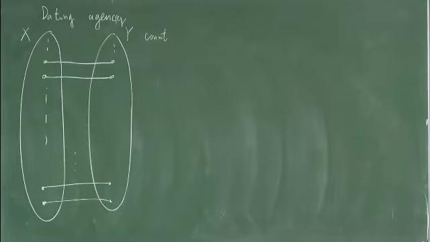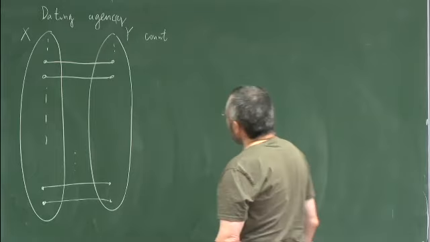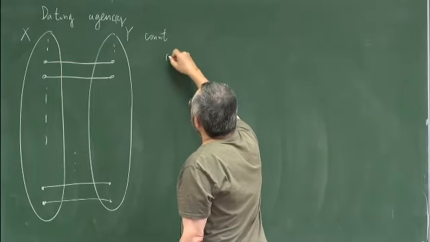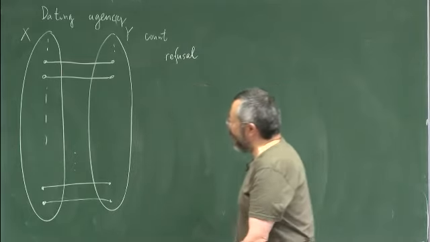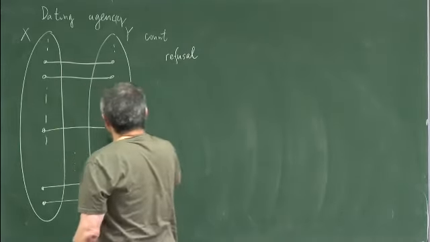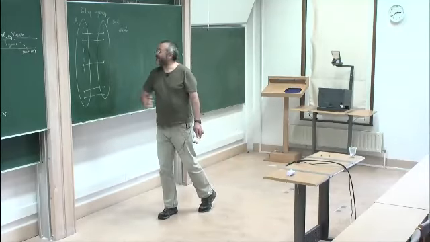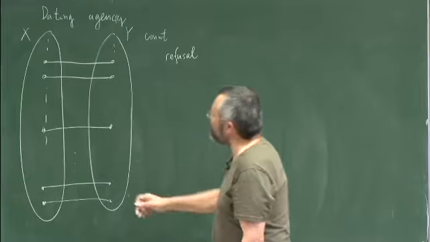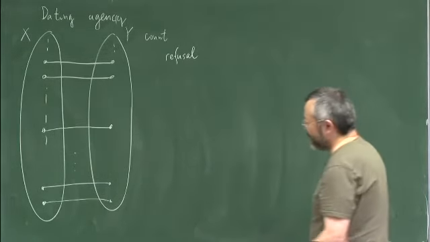But then people start to complain. Each person can send a refusal. A person from X can say, no, I don't like this. And a person from Y can say, no, I don't like this. It's enough for one of them to be unhappy, then this pair is dissolved.